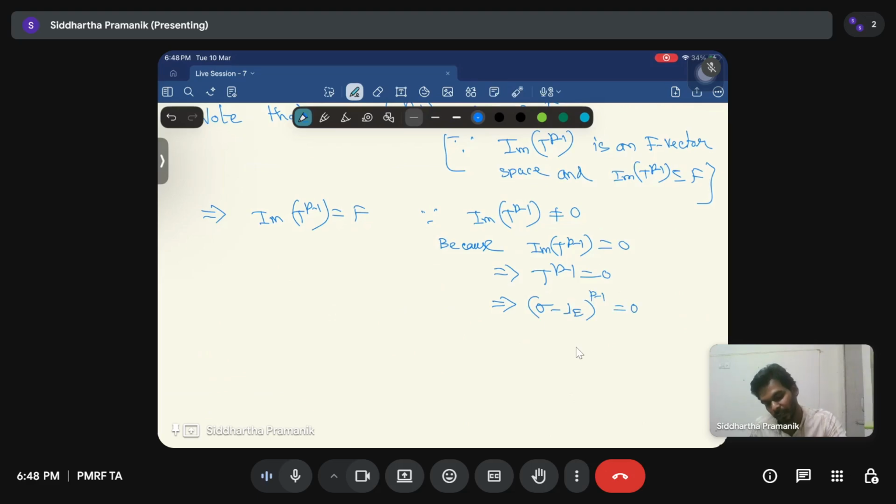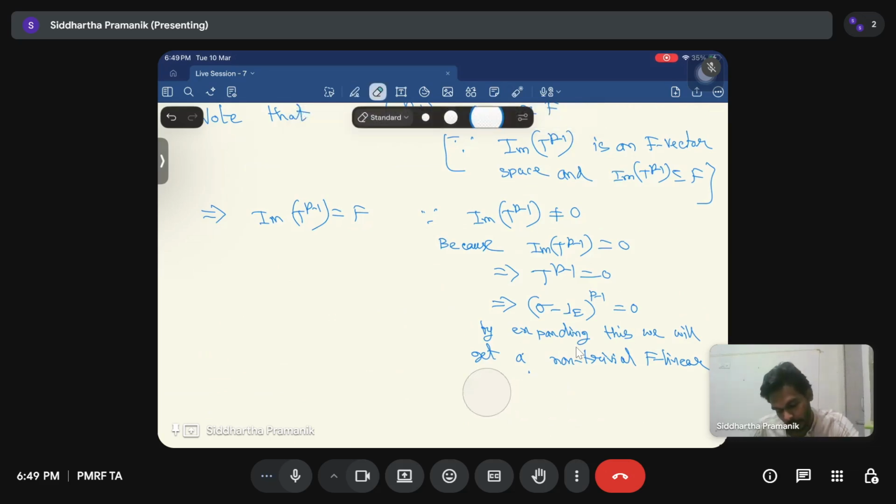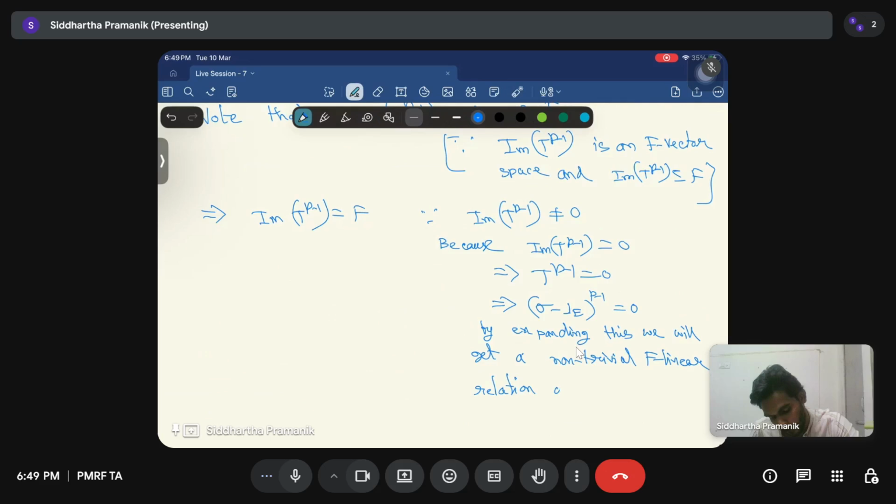But if we expand this, we will get a non-trivial F-linear relation of sigma power P minus 1, sigma power P minus 2, and so on down to 1.